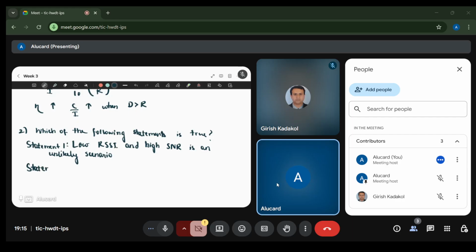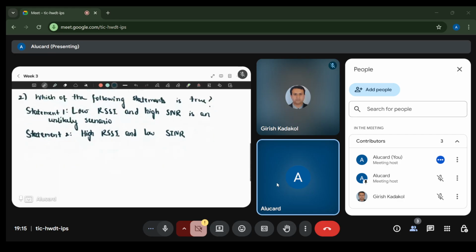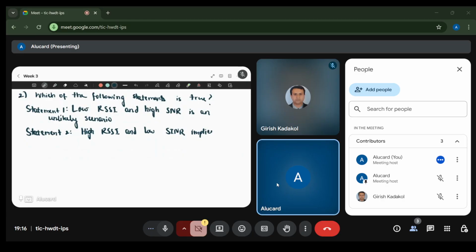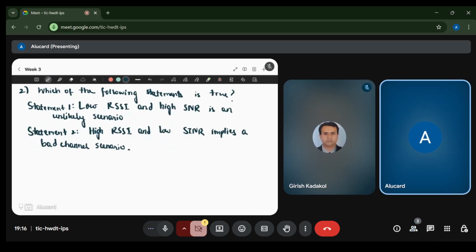Statement 2 says high RSSI and low SINR implies a bad channel scenario. Which of these is a true statement, is the question.